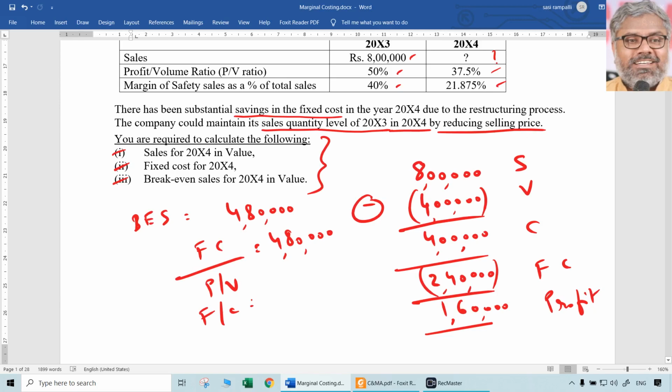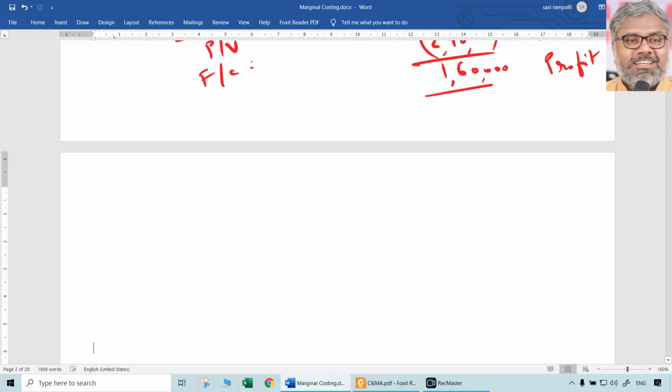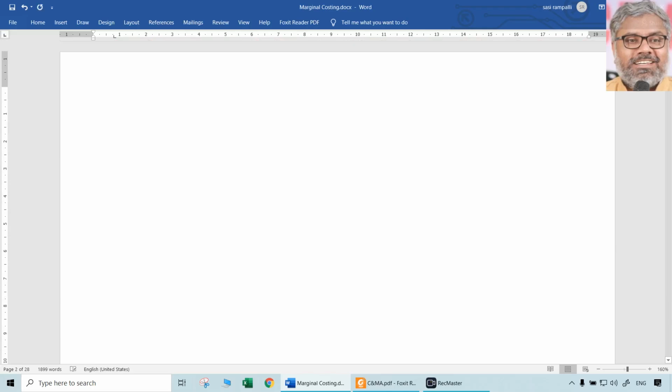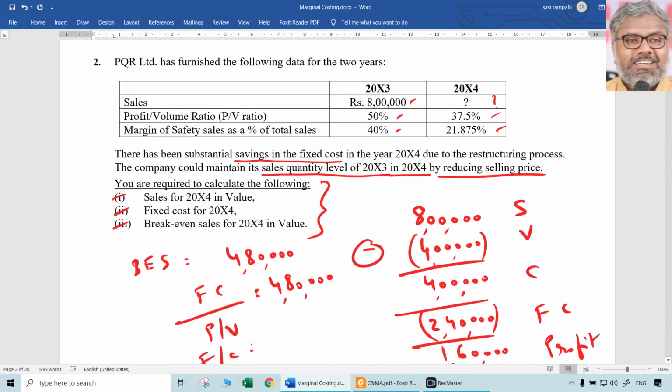But unfortunately, since we don't have the selling price in the current year, we don't know per unit data and we don't know the number of units either. But totals we know: sales, variable cost, contribution, fixed cost, profit. This is the existing year's situation. Just keep it ready. That is the current year's data compiled in one place.